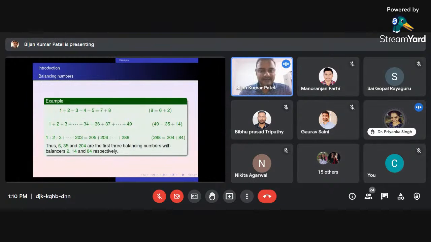So here you can see that on the right hand side, 7 is the first and 8 is the second. Basically there are two terms on the right hand side in the first equation. Therefore I am saying that 2 is my balancer. Similarly in the second equation, a value of r will be 2 then. Yes. Okay. Thank you.